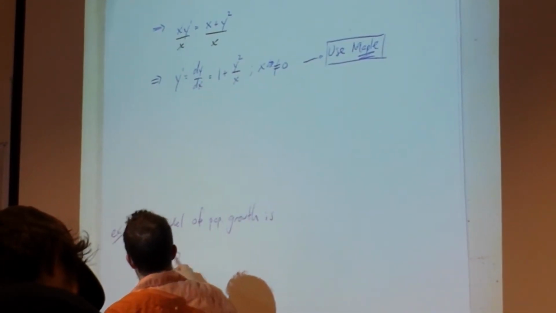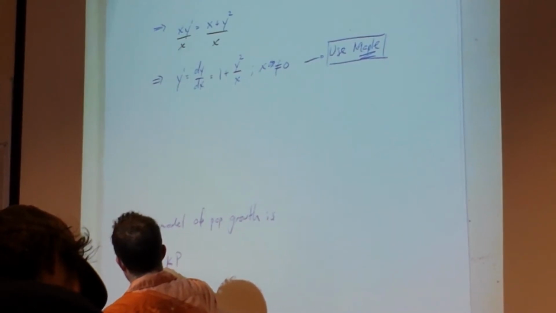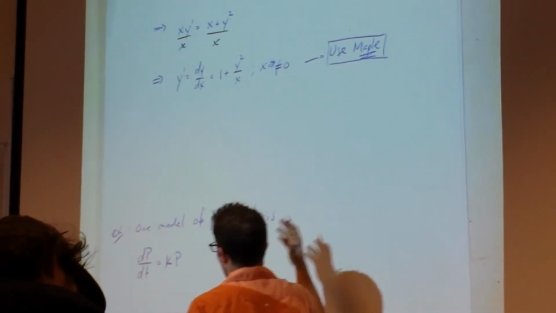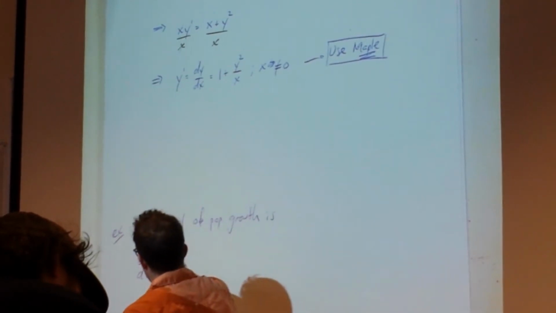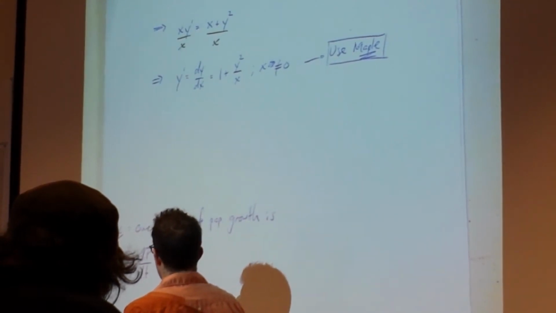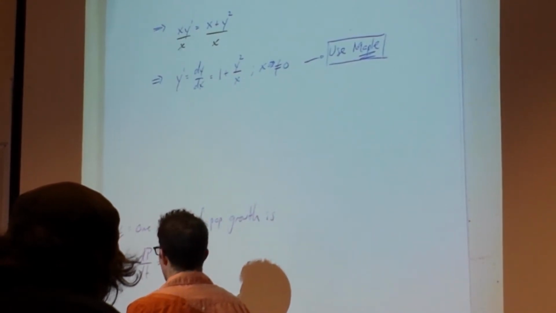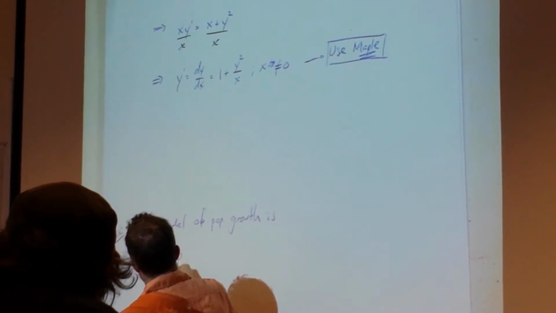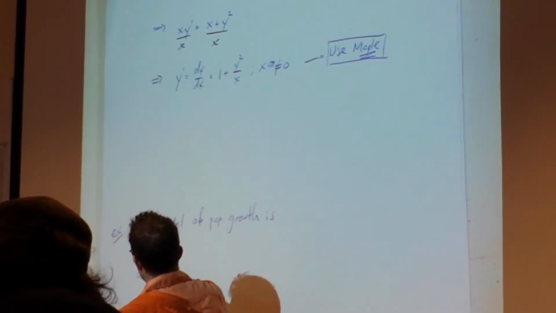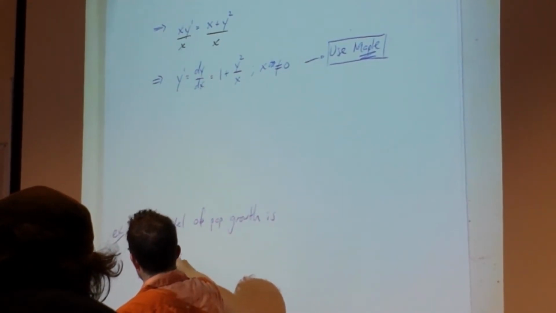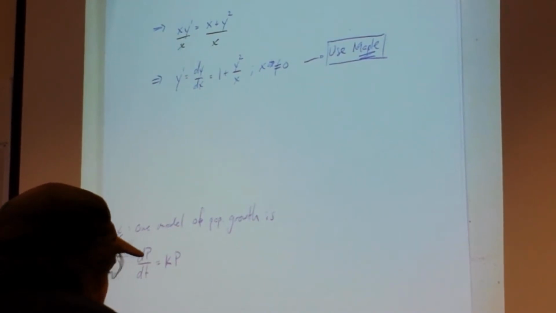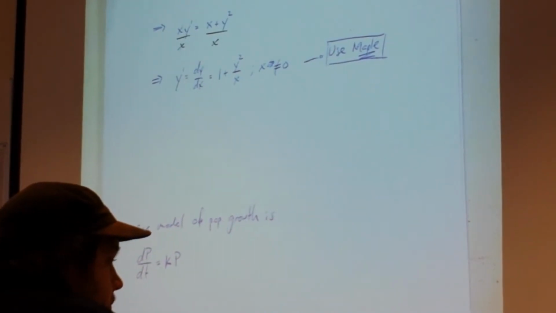It says at any time, the rate of change of population with respect to time is proportional to the current population. So if you have a large population, you have a large rate of change, more people to procreate or whatever, more organisms, whatever they are. Whereas when P is very small, there's not as many individuals to procreate, and the rate of change would be small as well. So it says the rate of change is proportional to the current population. The larger the population is, the larger the rate of change.